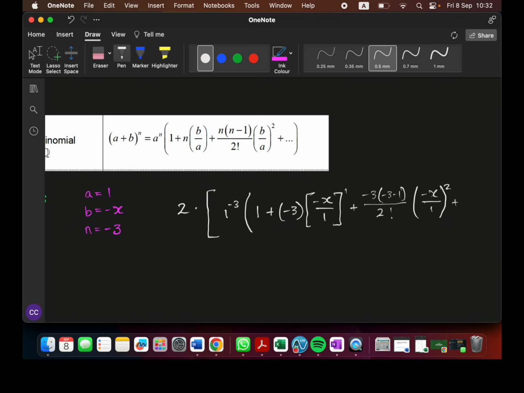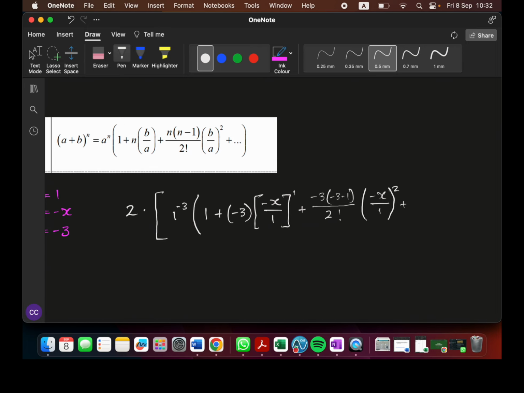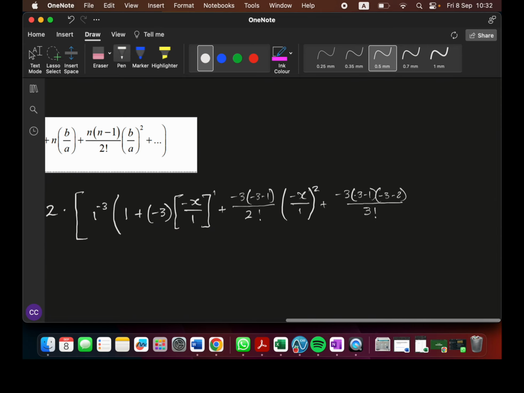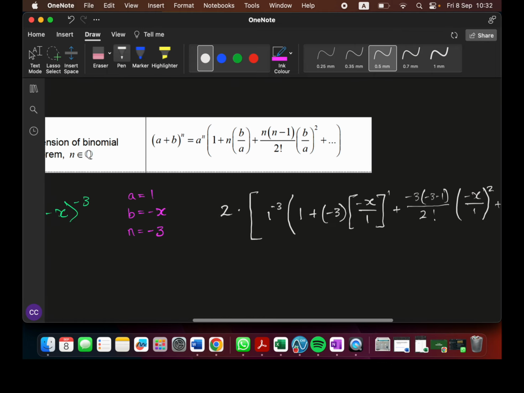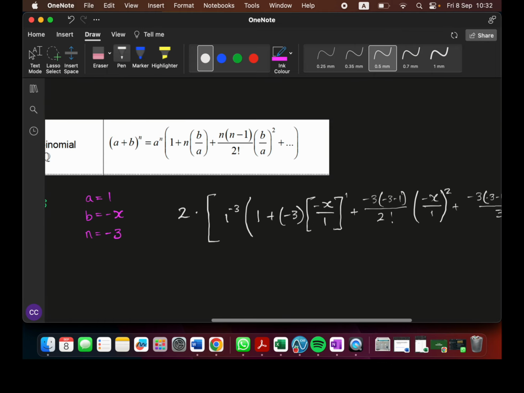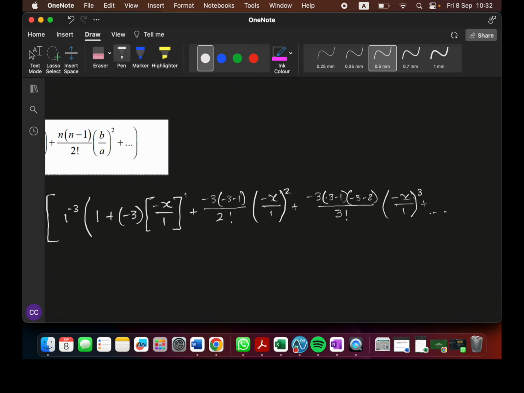And then we do our next step, which would be negative 3 times negative 3 minus 1 times negative 3 minus 2 all over 3 factorial, and then times negative x over 1 cubed, and that would keep on going. I'm stopping there because the question specifically tells me to get to the x cubed term, and this is going to give me my x cubed term.